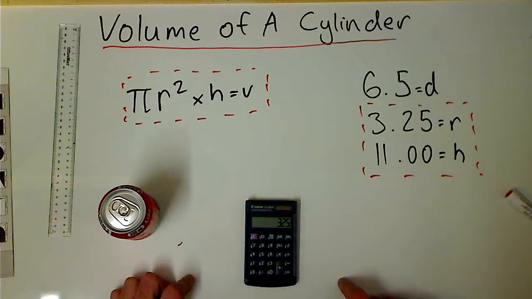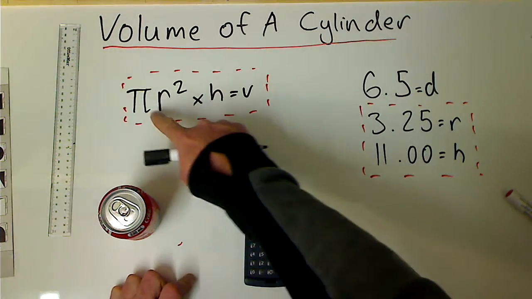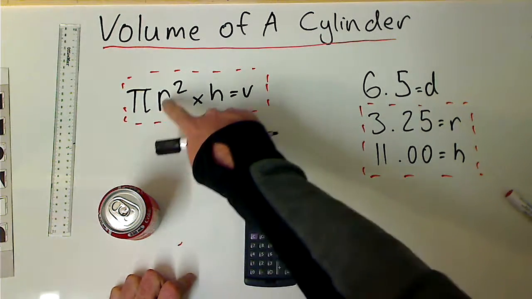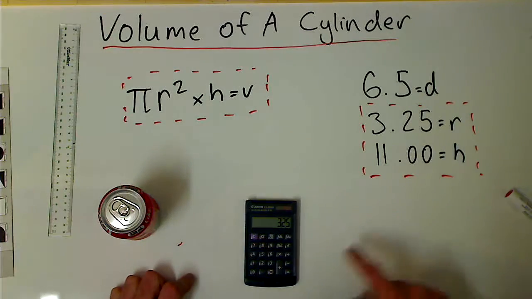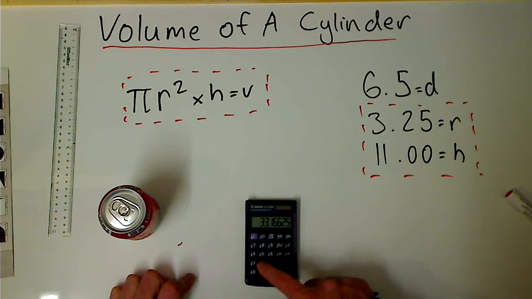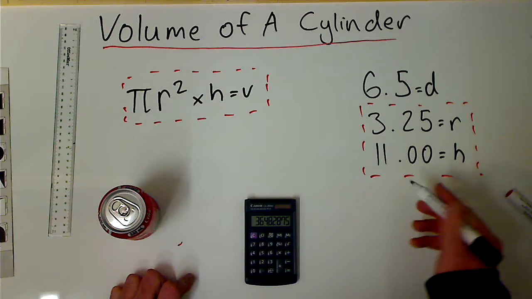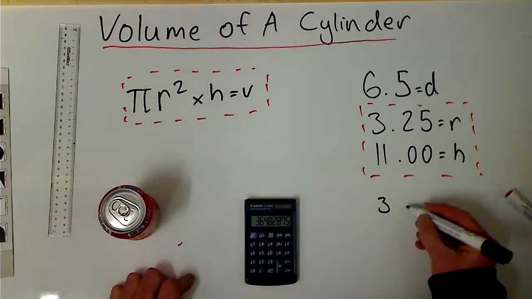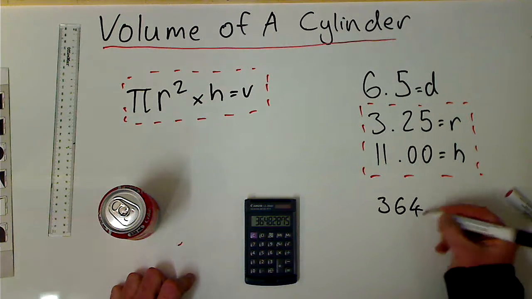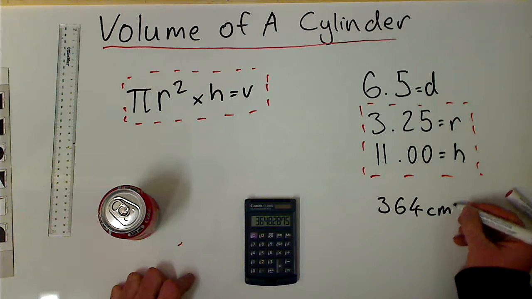That's my area, pi times 3.25 times 3.25, and then I times that number by 11. And the volume is 364 cubic centimetres.